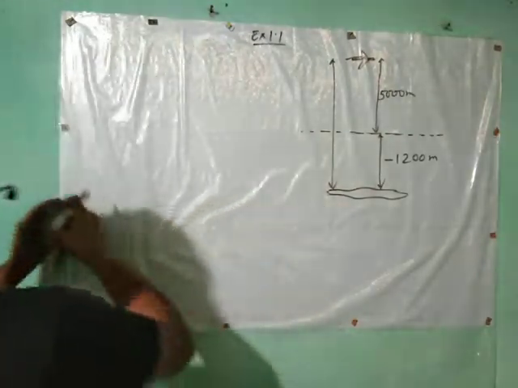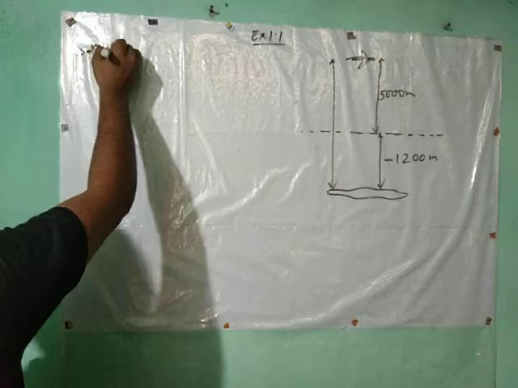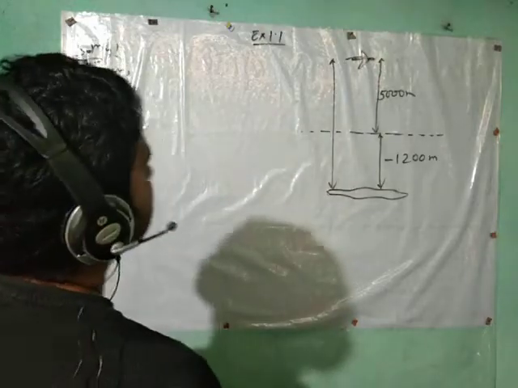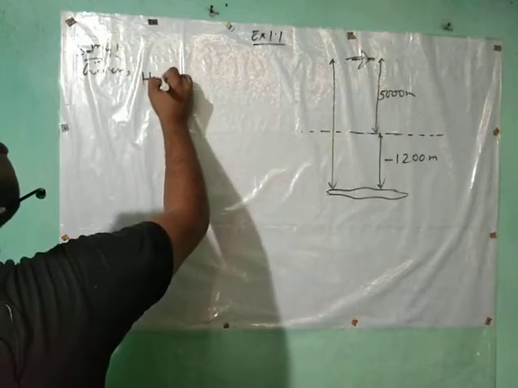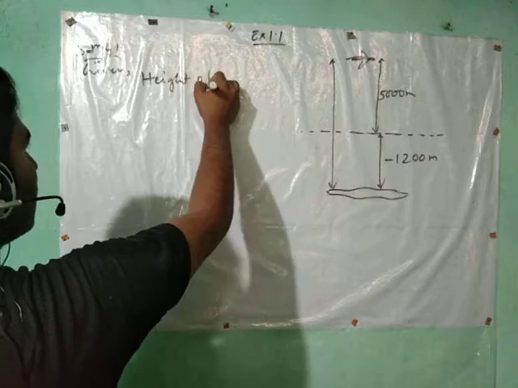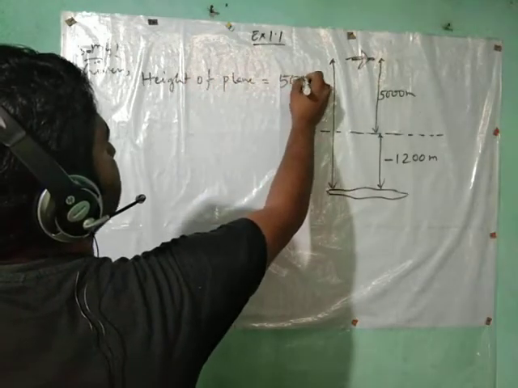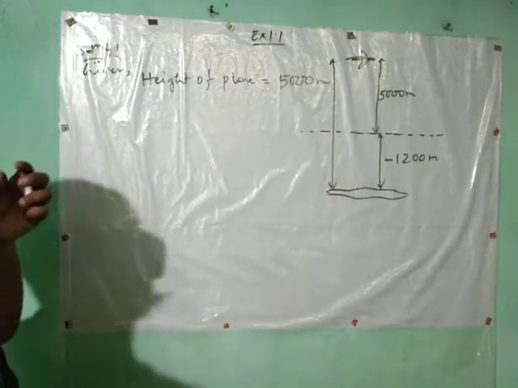What is given? First of all, write down the solution. Given: the height of the plane equals 5,000 meters, isn't it?